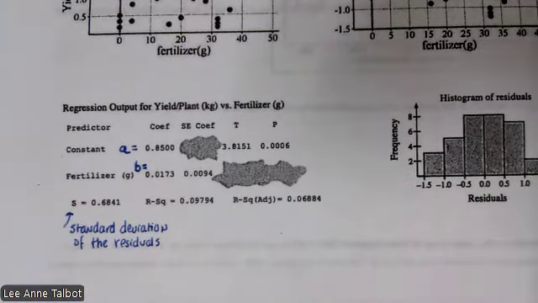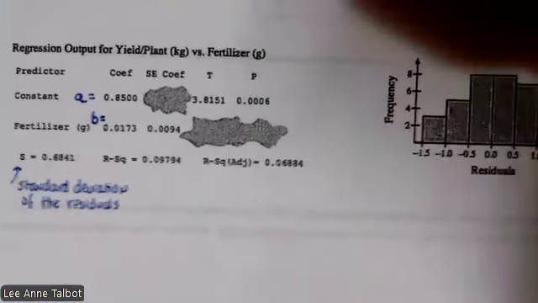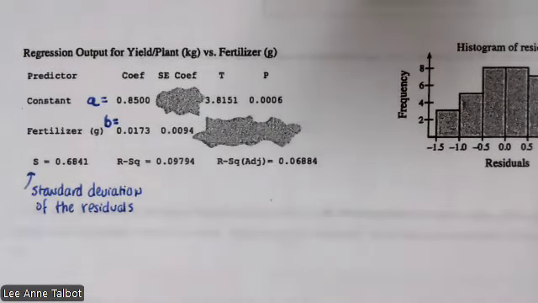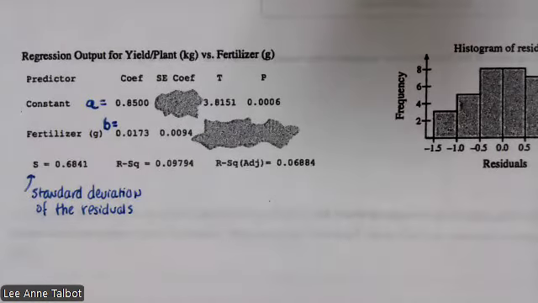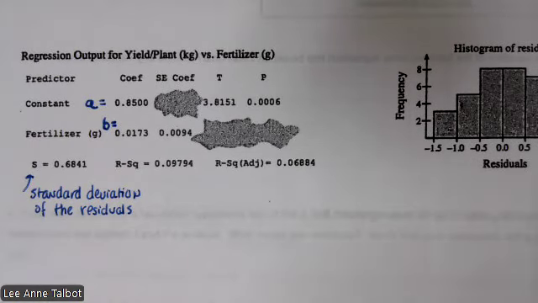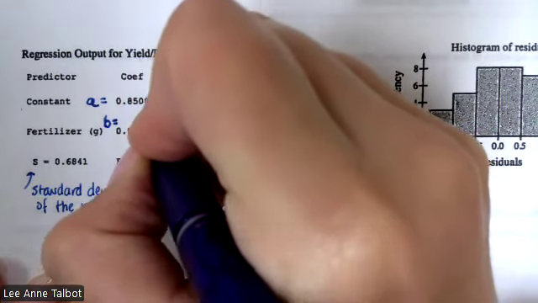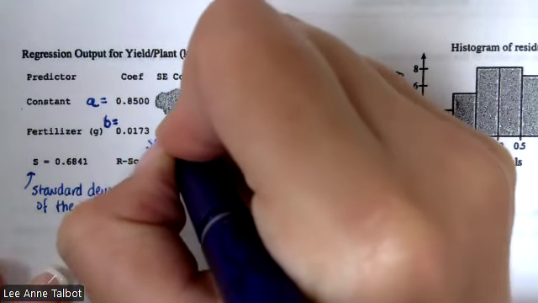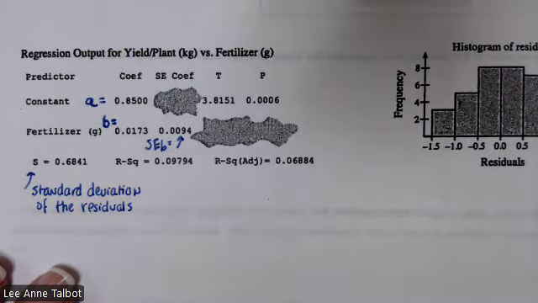Which number says that it's the standard error and lines up with the slope? I said it that way because I don't want you to memorize it. I want you to think, standard error of the slope. So that is standard error of the slope, that guy right there.